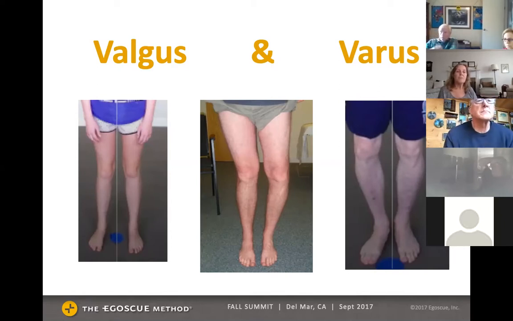The middle one, as I mentioned, both knees are kind of going to the left. And then on the right, we have varus or bow-legged, which is kind of bowed. So the knees are wider than the ankles or the hips. Either condition is not great. Once again, it's changing the knee's natural design, function and position. And so that can definitely lead to pain.